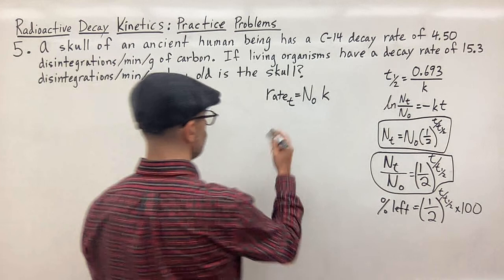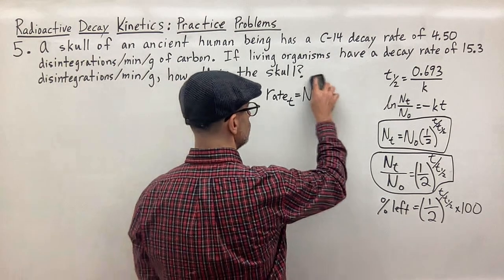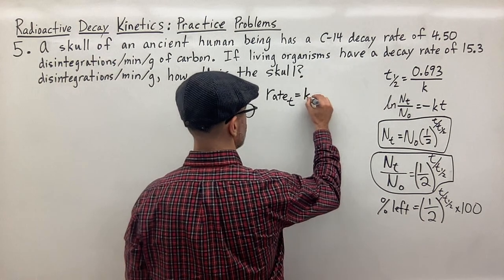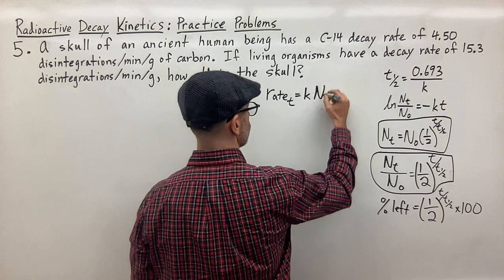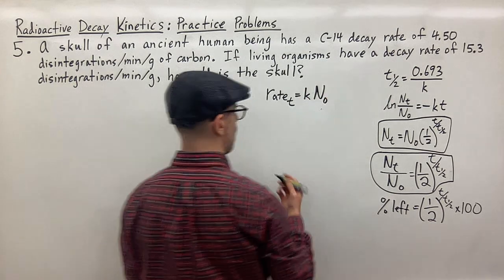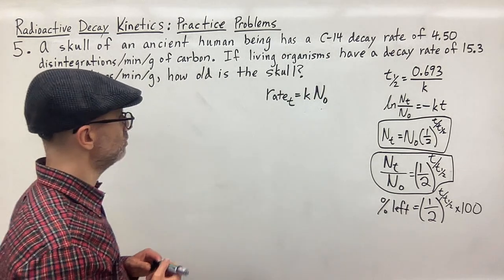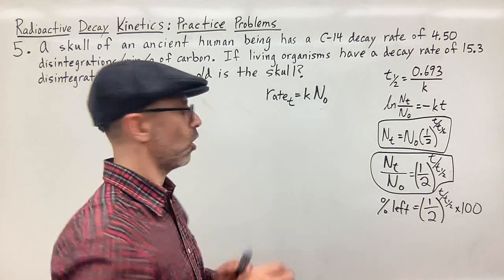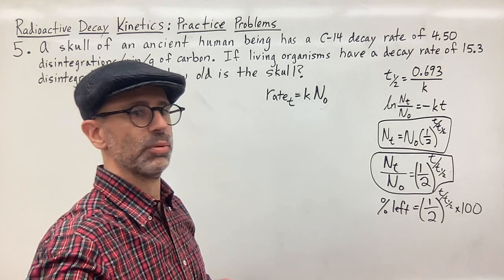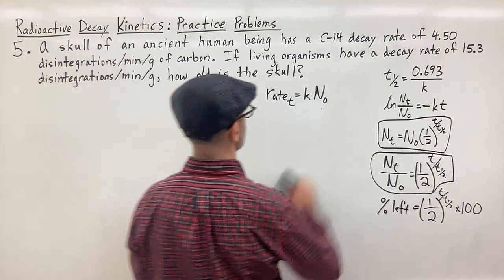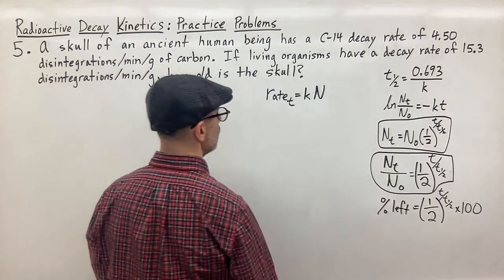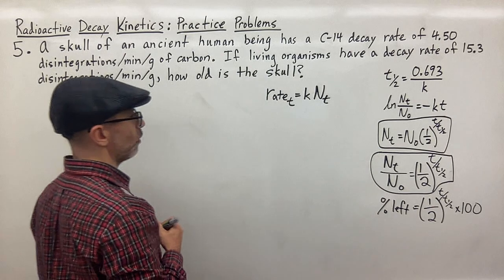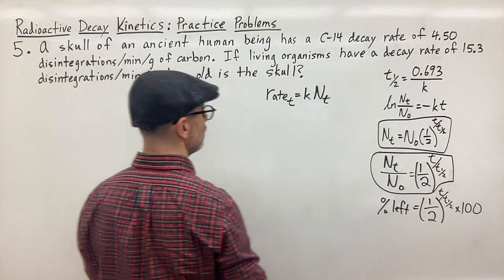Or we could switch those around. Usually the constant k comes first, and that's going to be multiplied by the amount we have at time t.